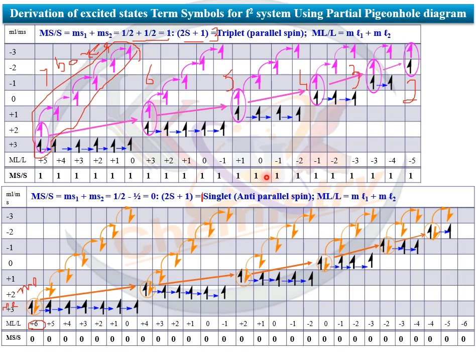Likewise, in a similar fashion, you can calculate the term symbol for the singlet state. Here we have maximum ml value 6, so plus 6, plus 5, up to minus 6.